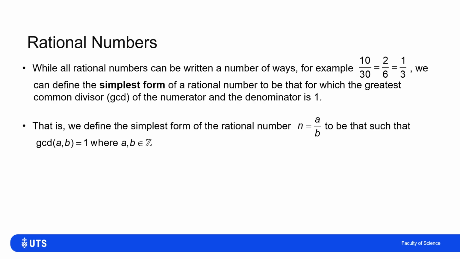So, with a bit more notation, we define the simplest form of the rational number n equals a over b to be such that the greatest common divisor of a and b is 1.